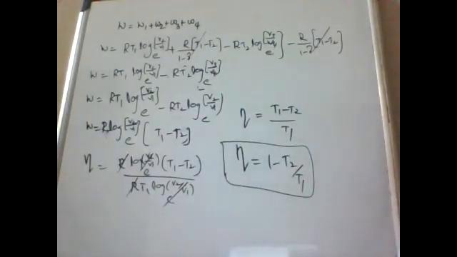From the eta value we can say that Carnot's engine is an ideal engine and cannot be realized in actual practice, due to the following reasons. What is the first reason?